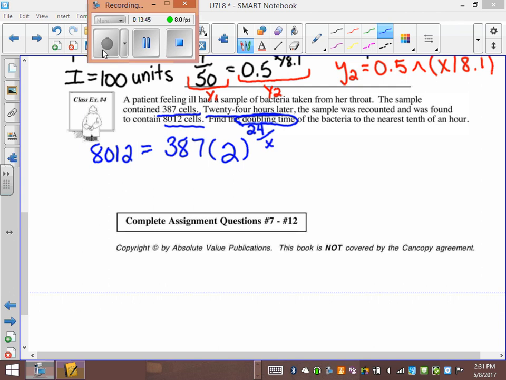So what's the very first thing we do? We divide by that initial value, right? So we're going to divide by 387. Now punch that into your calculator. If you haven't, make sure you have.